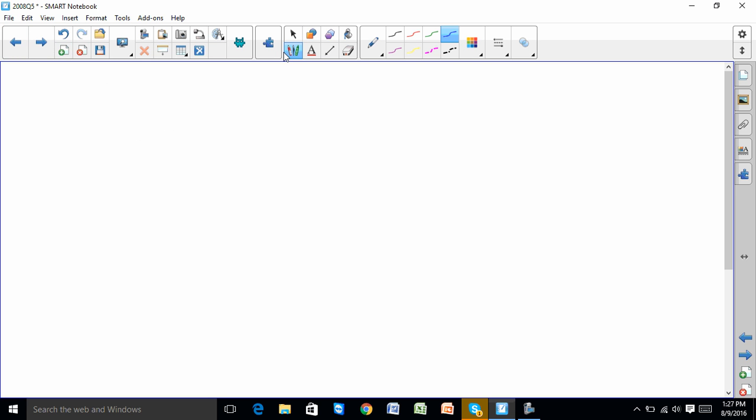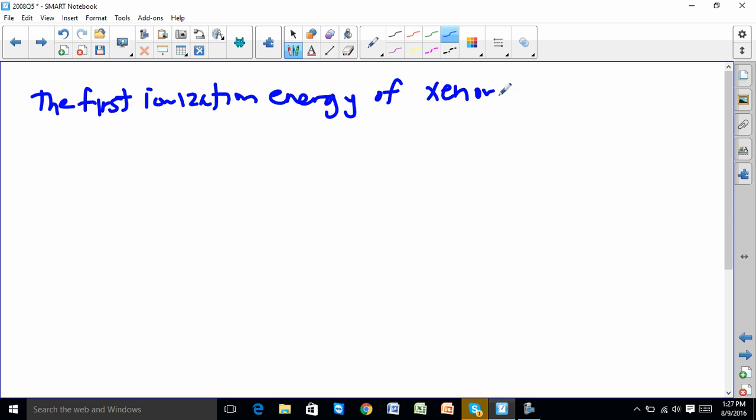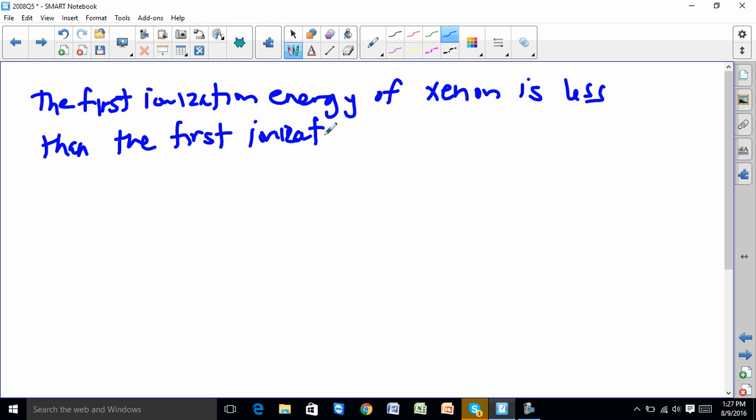Something like the first ionization energy of xenon is less than the first ionization energy of fluorine, which people don't usually bite on because of the whole noble gas thing. Now here's where I say, so then we're going to answer this question in terms of less than.